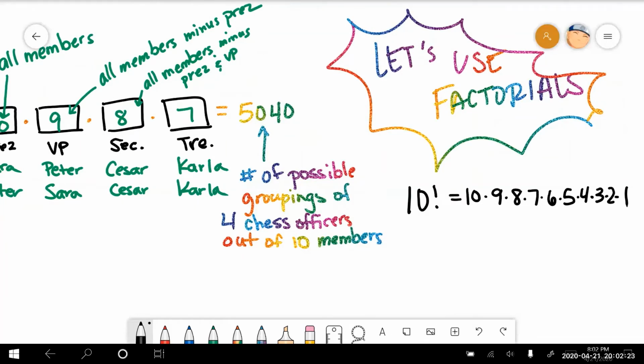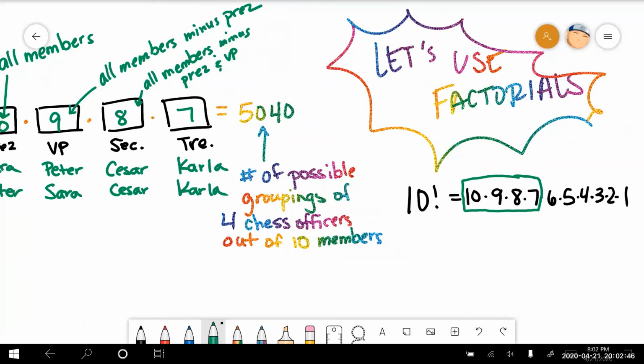But that's a problem. Because what did we need to figure out president, vice president, secretary, and treasurer? We needed only 10, 9, 8, and 7. Gosh, now we have 6, 5, 4, 3, 2, 1 left over, which is kind of troublesome.